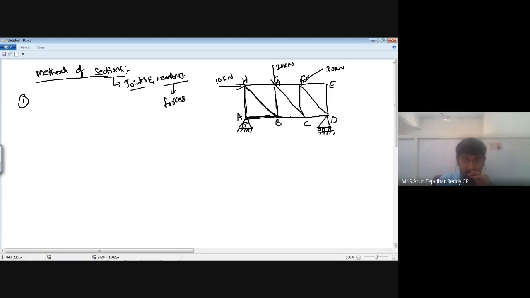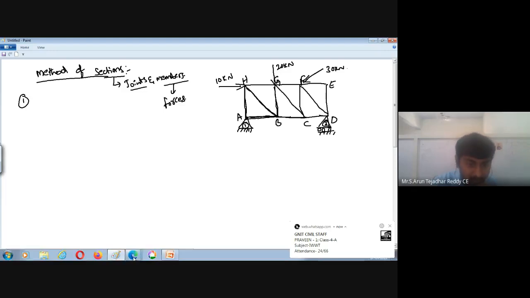This is the first support and this is the second support. Other than these two supports, there is no other support here. So replace the supports. This is the hinge support. When I replace the hinge support, totally how many reactions are available here?